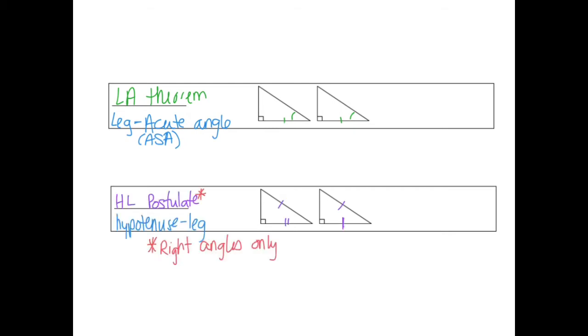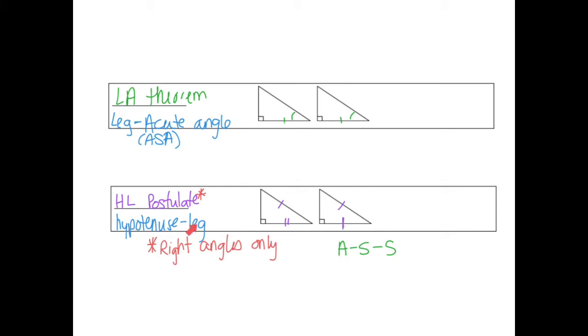So the last one is the HL postulate, and this is a postulate simply because it applies to right triangles only. If you remember back from Chapter 5, we said that there was one specific test that is not allowed to be used with triangle congruence, and that is the ASS, the angle-side-side, and that is not allowed to be used in anything except right triangles.